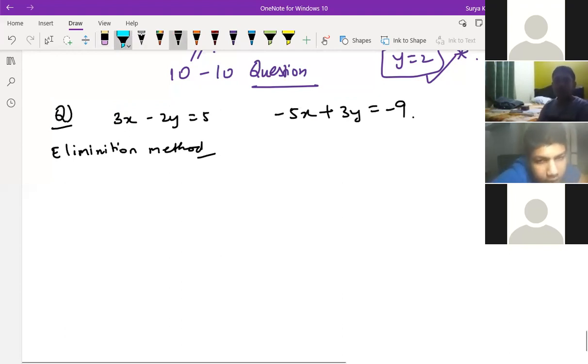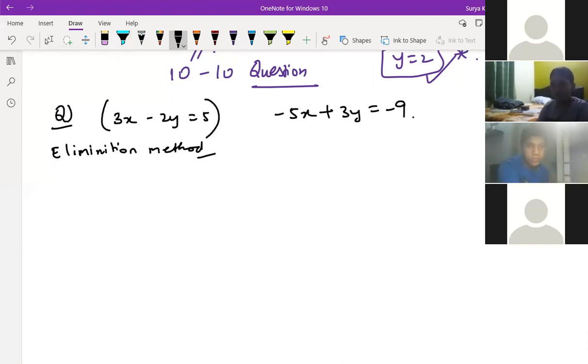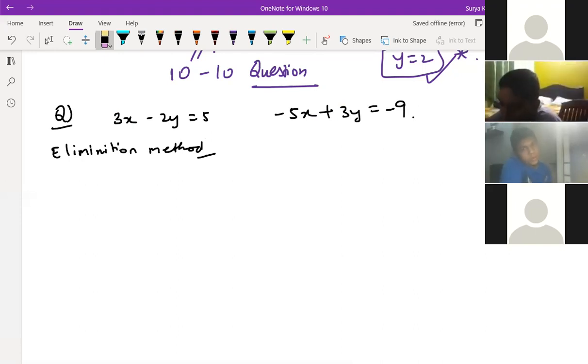See, here in this type of equation, we prefer only multiplication. And we have to multiply with the whole equation, not with one particular part. Understood? This type of equation can be solved only by the multiplication method, and we have to multiply with the complete equation, not with only one part, so that the value will not change.